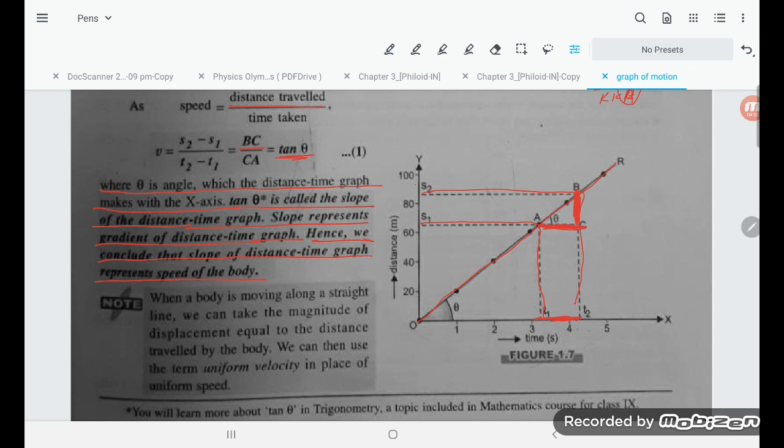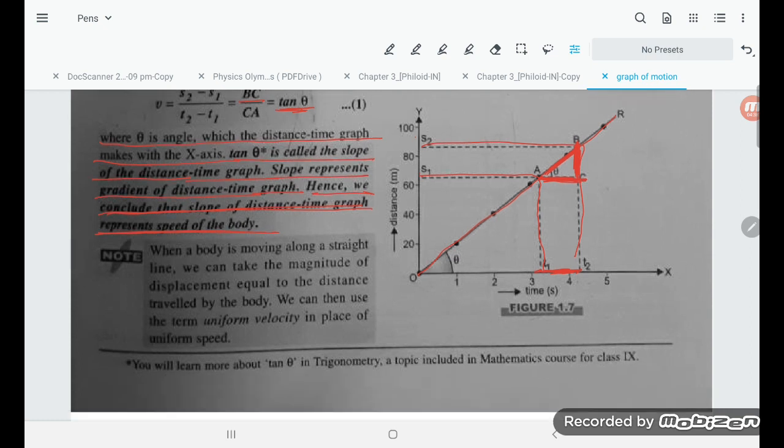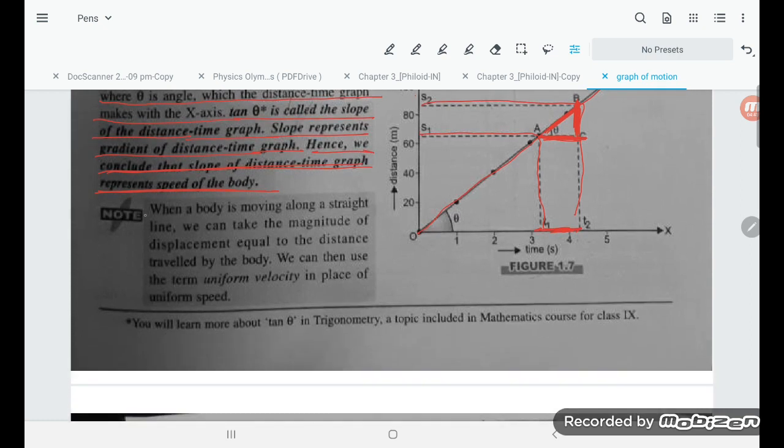So whatever slope you calculate, the slope of the distance-time graph represents the speed of the body. When a body is moving along a straight line, we can take the magnitude of displacement equal to the distance traveled by the body.